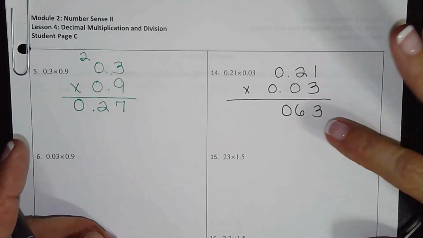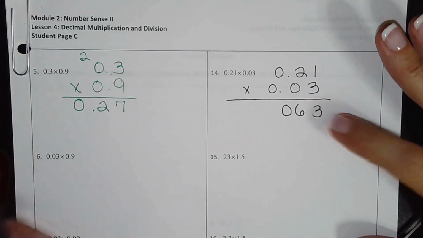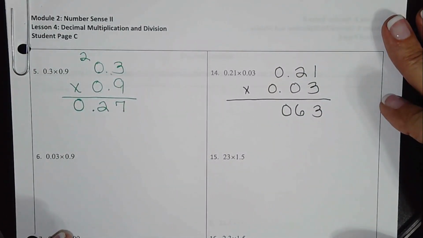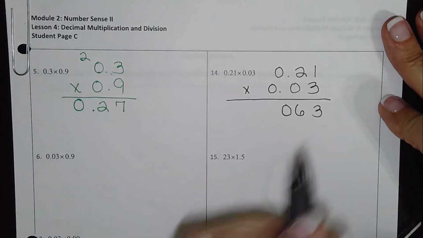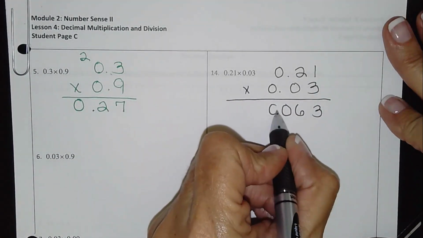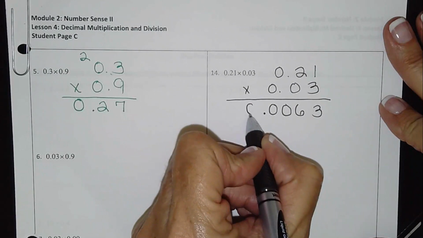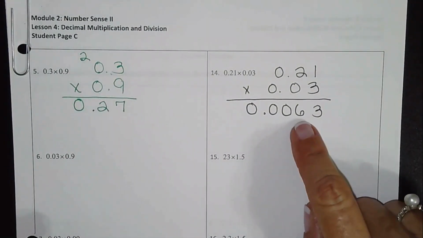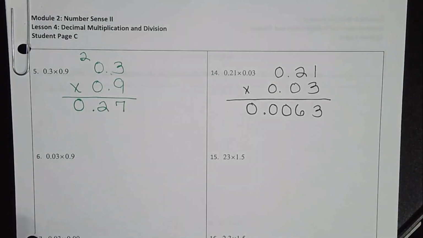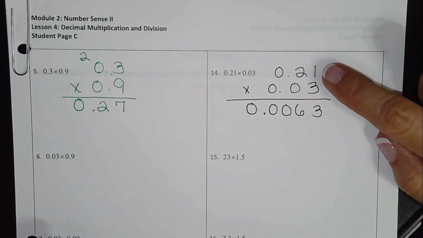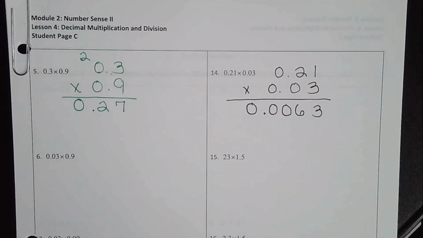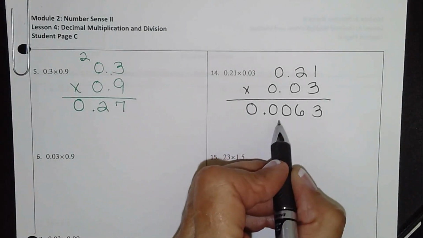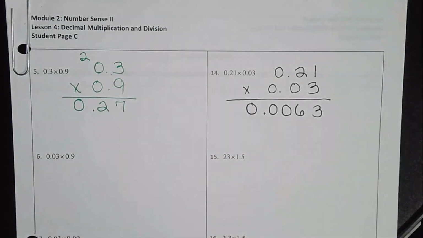So we can do our answer from this step. 1, 2, 3, 4. Uh-oh, we only have 3 numbers. So when we're counting 4, that means we have to add another 0 there and a 0 in front. Now our answer has 1, 2, 3, 4 decimal places, which it needs because 1, 2, 3, 4 for the original problem. So when you're counting from the back, 1, 2, 3, if you run out of numbers, just add a 0 to make it 4.